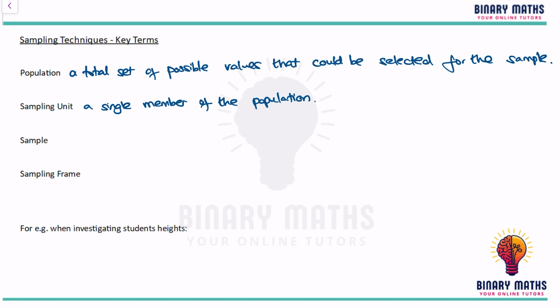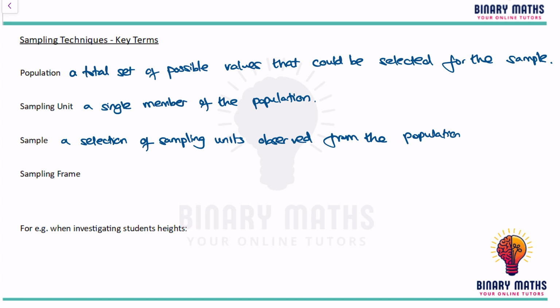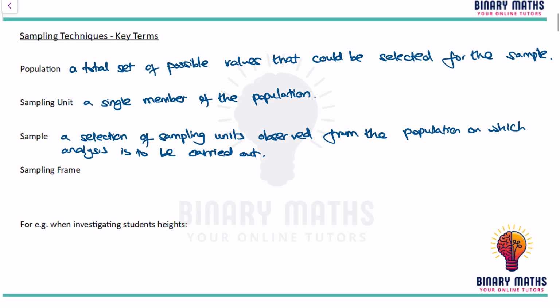A sample is a selection of sampling units observed from the population on which analysis is to be carried out. And a sampling frame is a list of all members of a population.